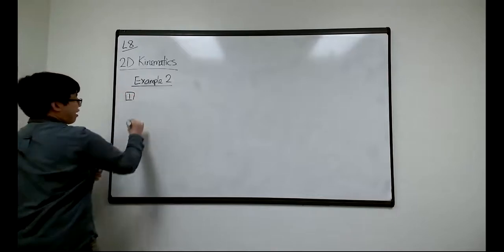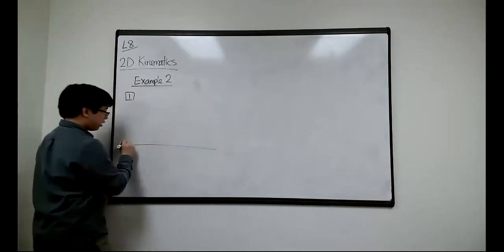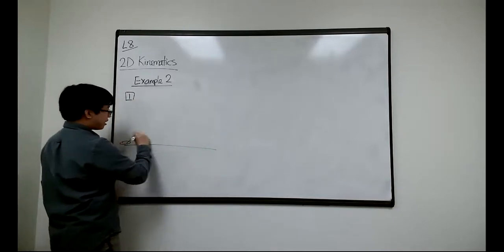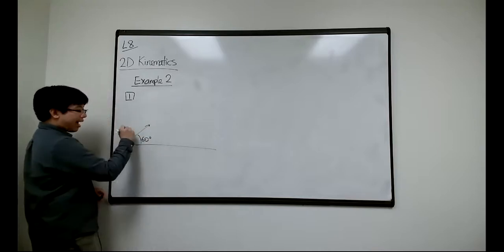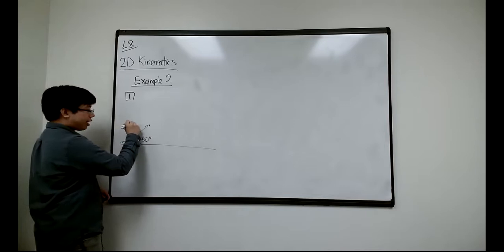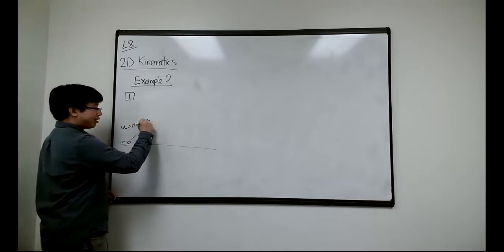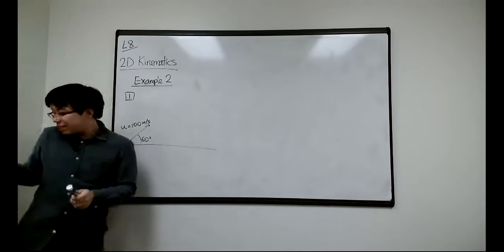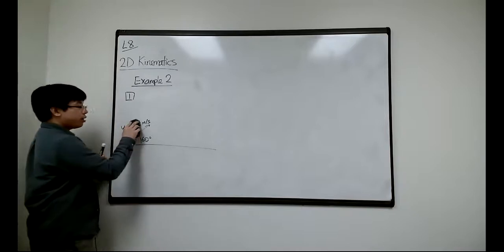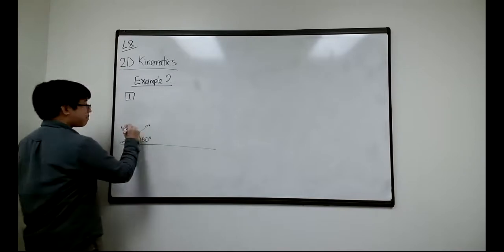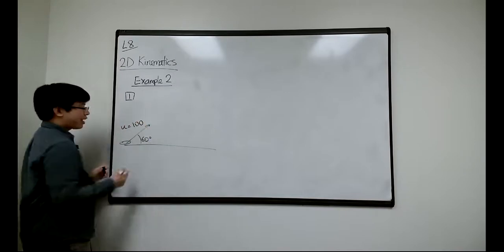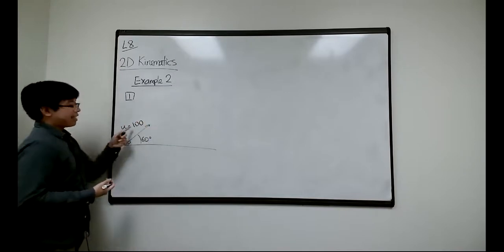Right, so we have a horizontal and you're launching a disk at 60 degrees from the horizontal, and you're launching it with 100 meters per second. Okay, and since it's SI units, I know this is already in SI base units, so I'll just write that and I will know what it means.